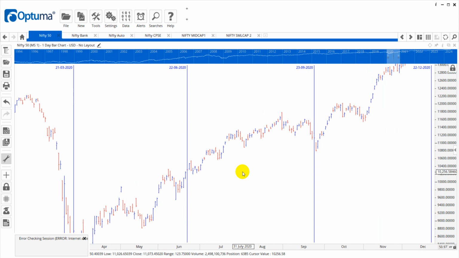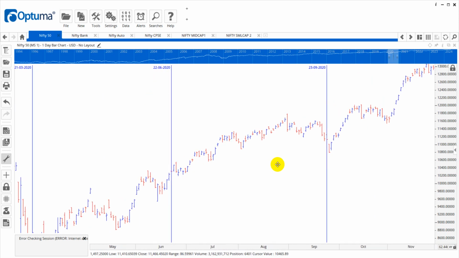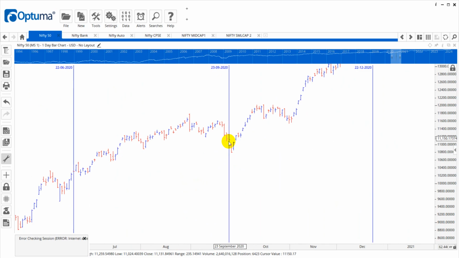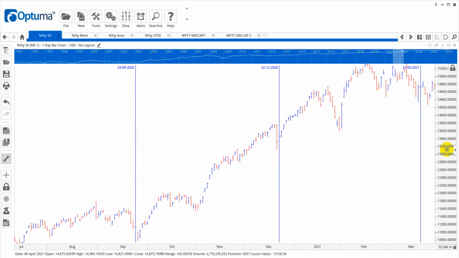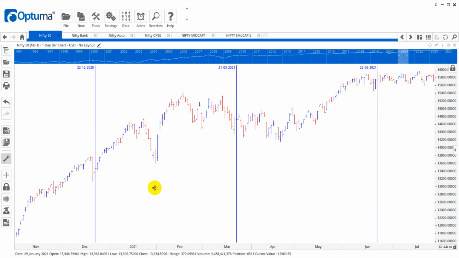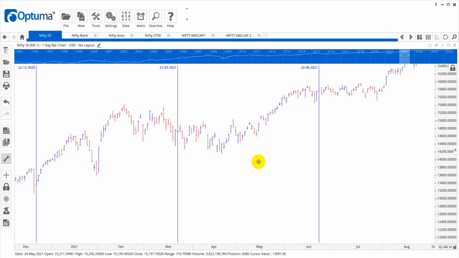Let me expand the chart a little bit. On 22nd June, a small bottom, and from there a good rally. Then we have 23rd September. Again, the next day the market bottomed out, and a very good rally. And after that, one day before the 22nd, we had the big fall of that whole year, a 4% fall. Similarly, in March of 2021, a short-term top was made.